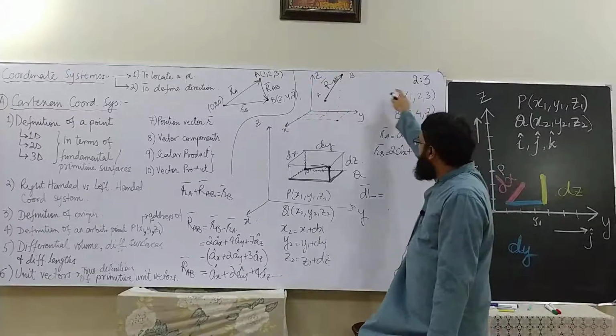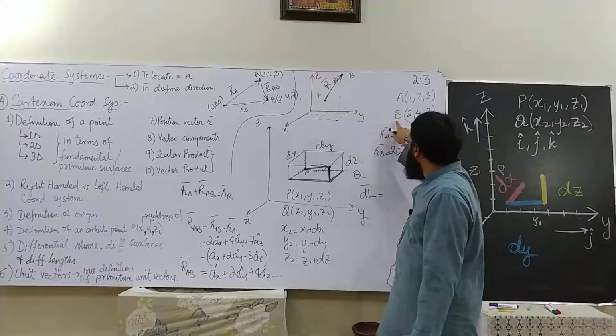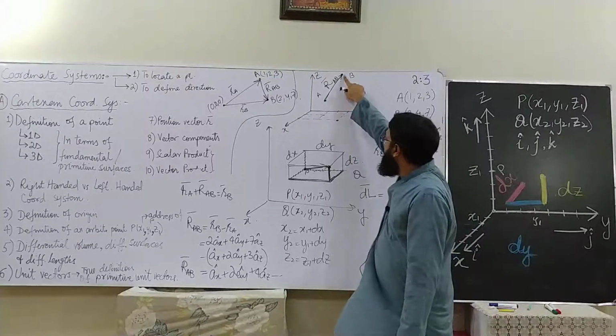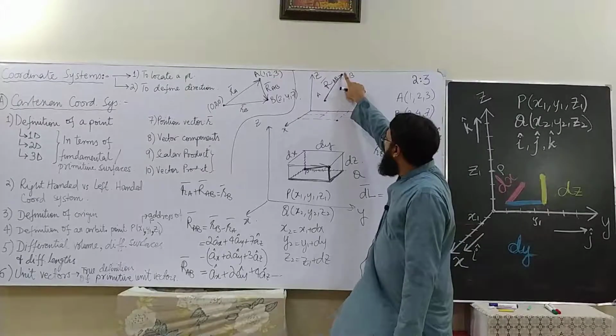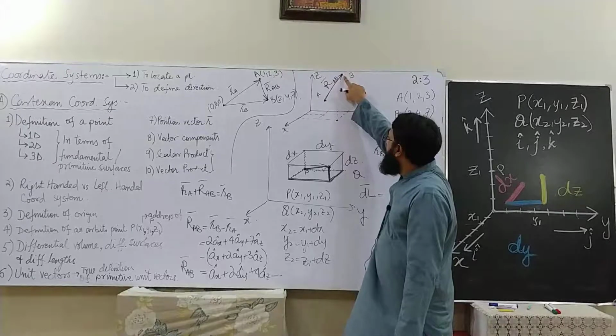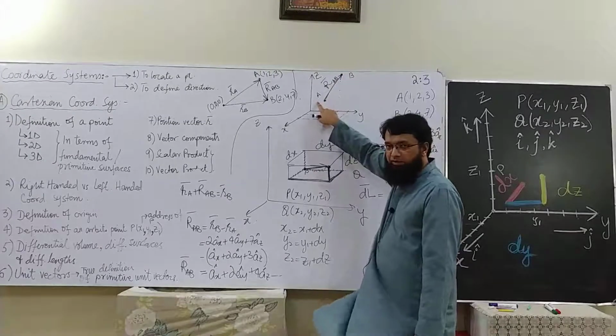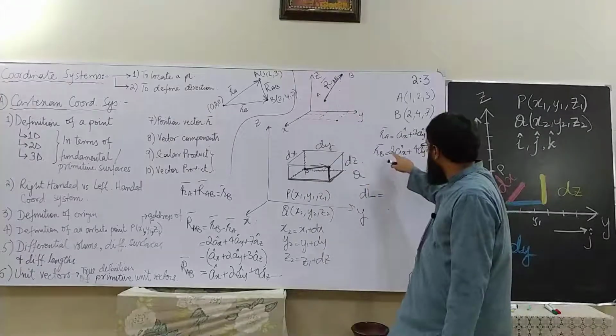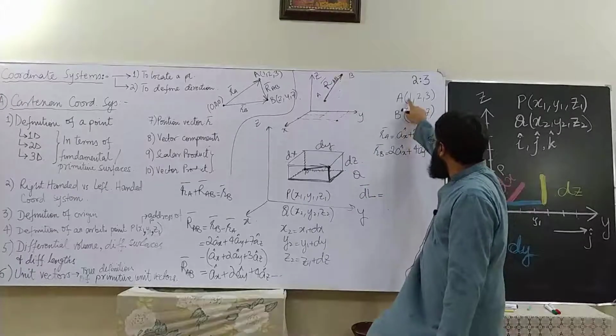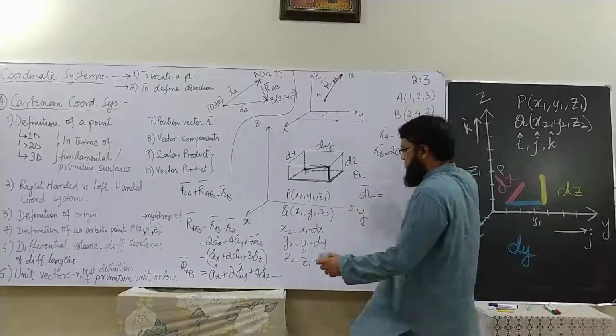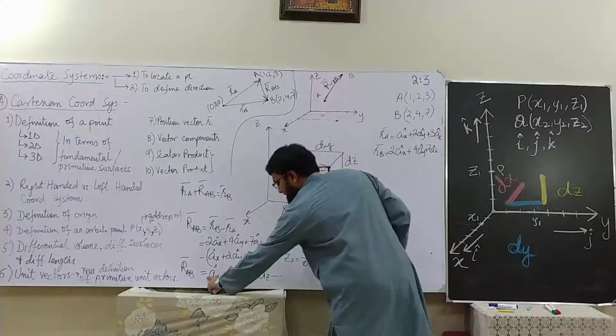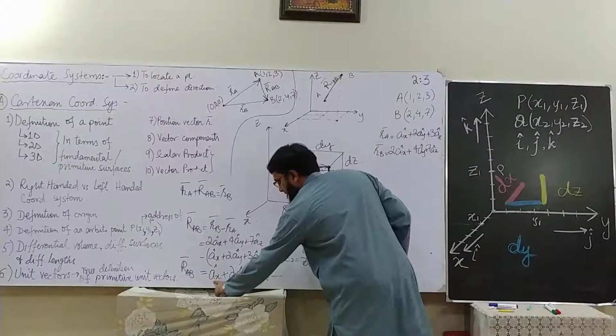Since the vector head was on B, we simply subtracted the respective coordinates of A from the respective coordinates of B, meaning 2 minus 1, which is 1. So here we have 1, and we multiplied that by AX.